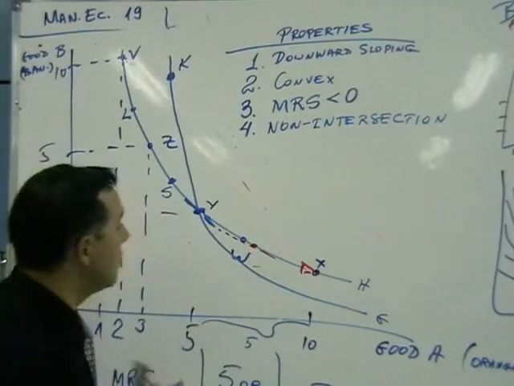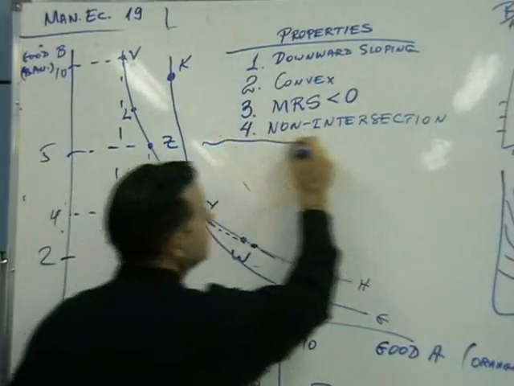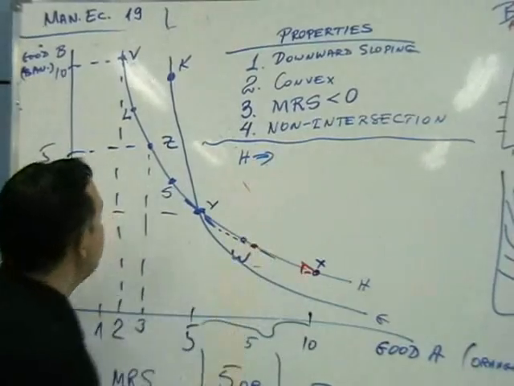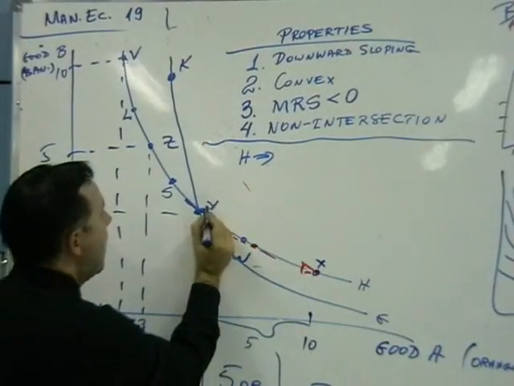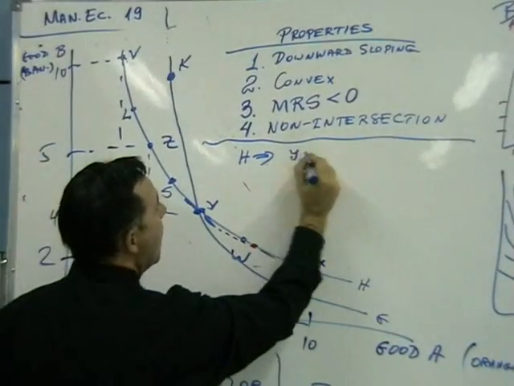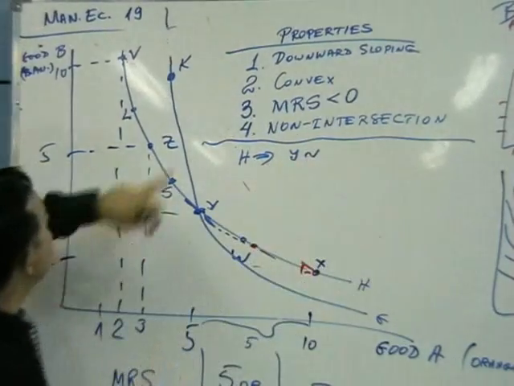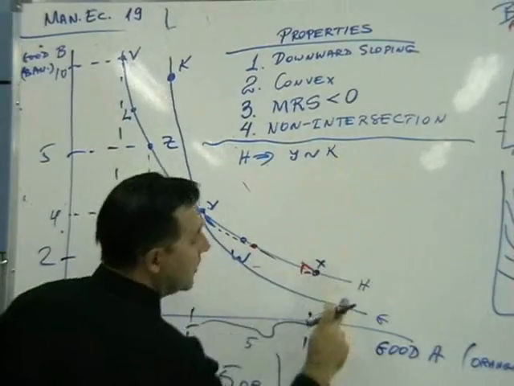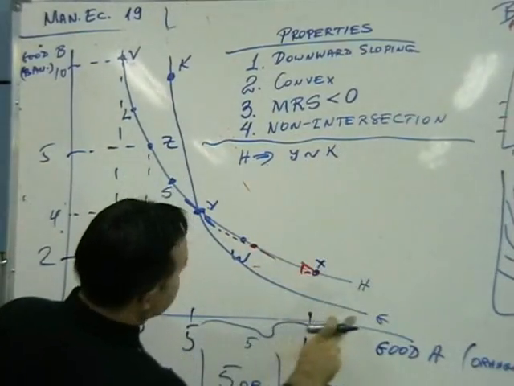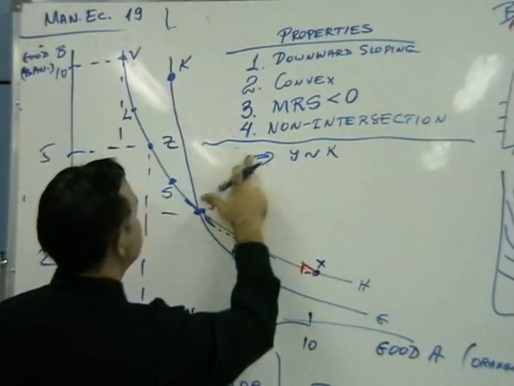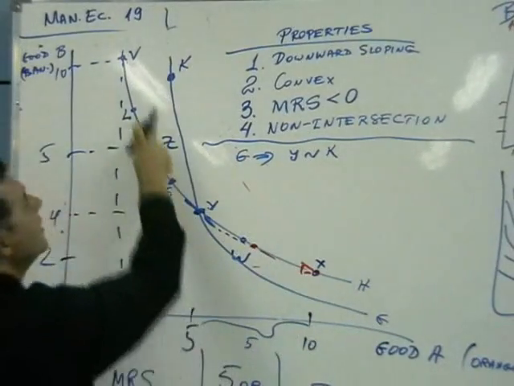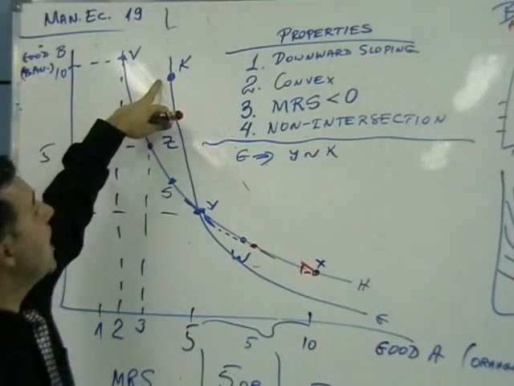All right? So let's try to write it out. From G, Y is indifferent to K.